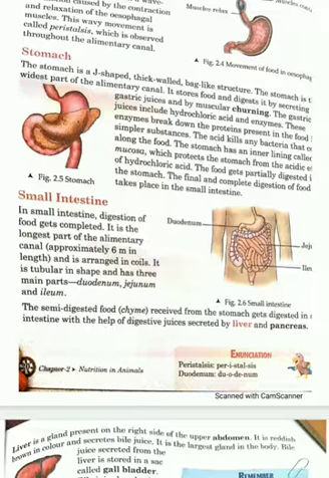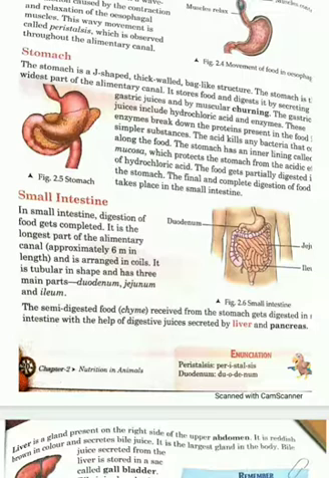The food gets churned, and this gastric juice includes HCl, the dilute hydrochloric acid, as well as an enzyme named pepsin.